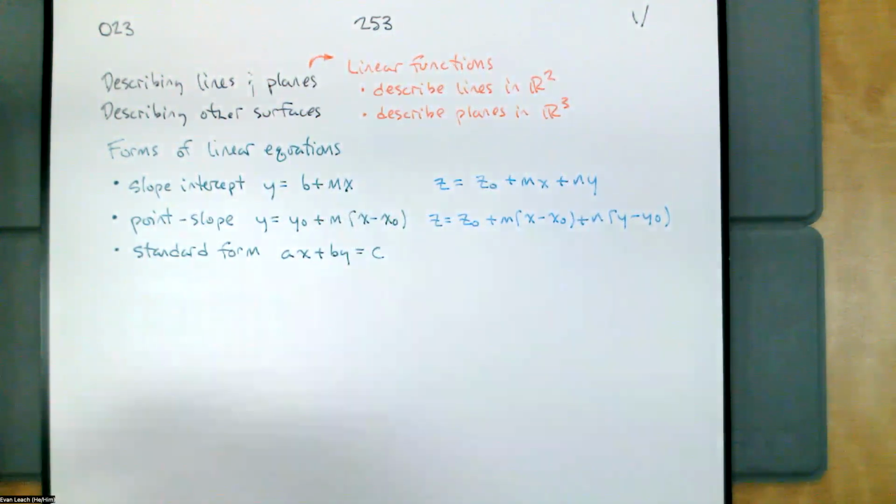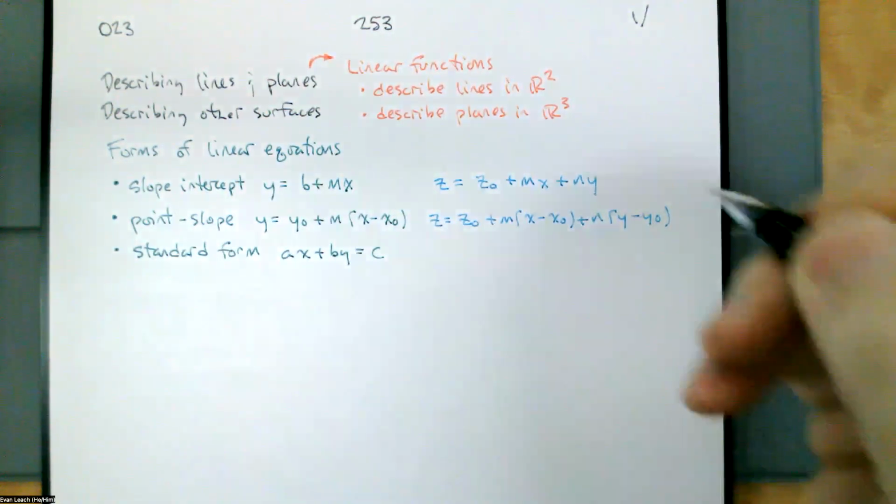Even better, M and N describe slope in the same way they did in R2.